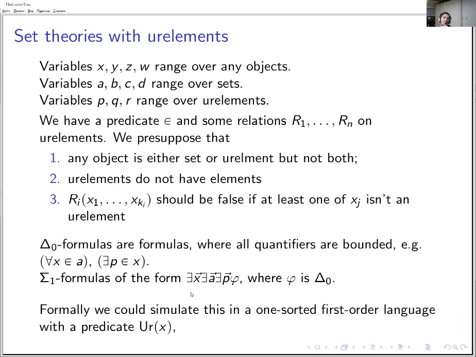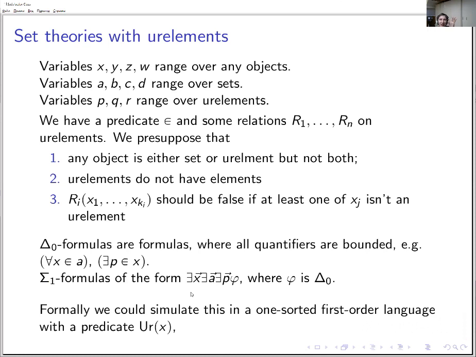So basically, to do it in a natural way, we will have this a bit unusual language. We have three sorts of variables. We have variables that range over arbitrary objects, so x, y, z, w, x1, x2 and so on.